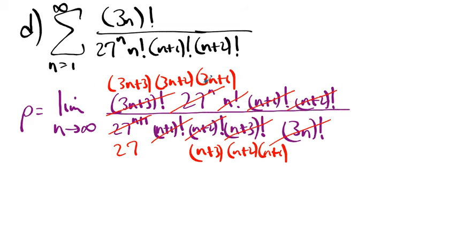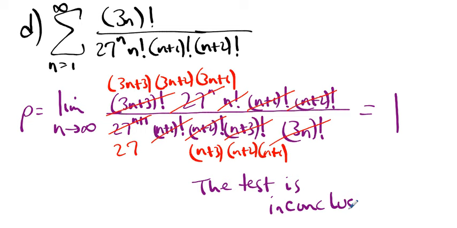The numerator is 27n cubed blah blah blah. The denominator is 27n cubed blah blah blah. In fact, I'm not sure if that series converges or diverges. I don't think I have a test that tells me if that series converges or diverges. I know that the ratio test is inconclusive.